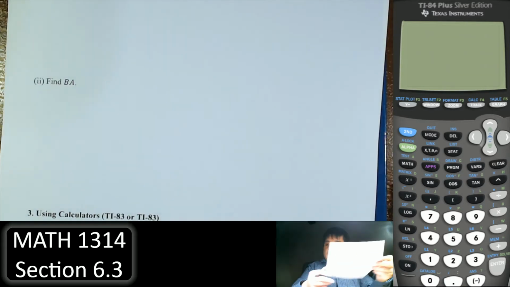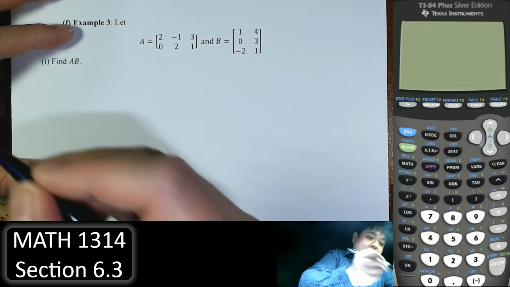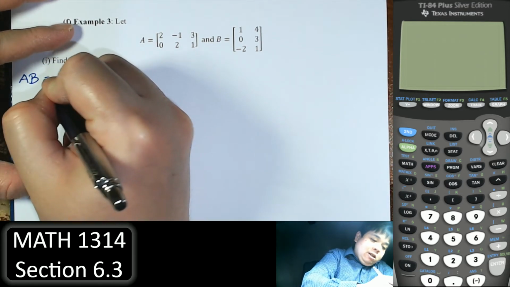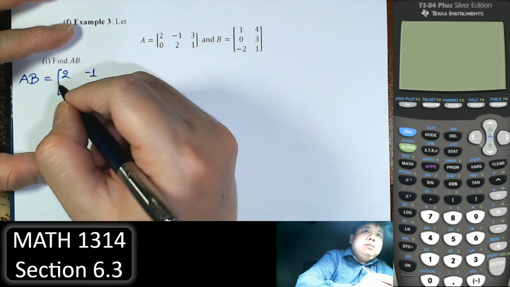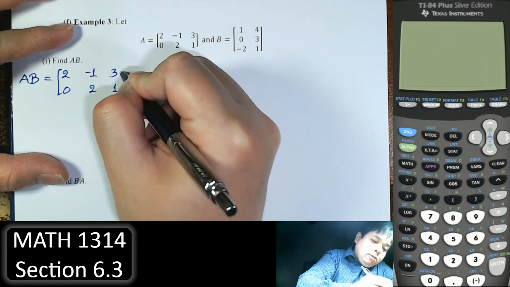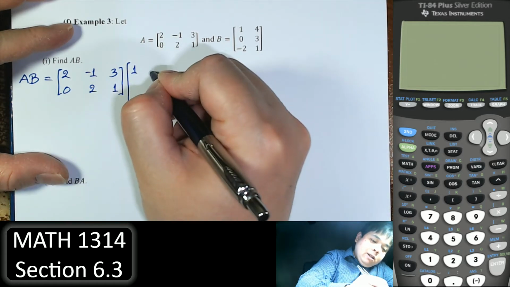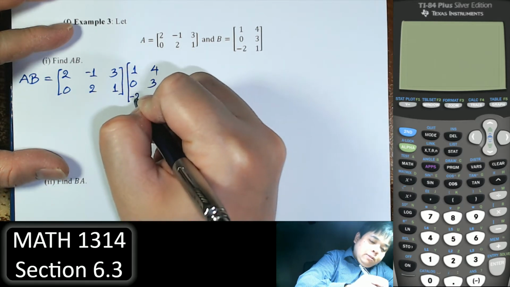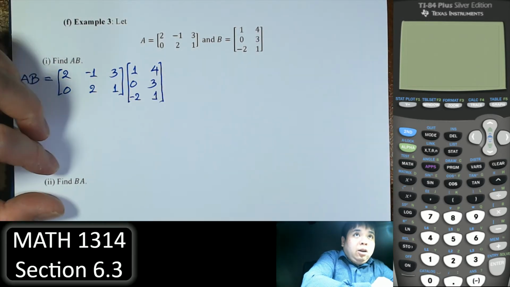Let's look at an example here. First, A times B. So I'm going to write out A times B. The matrix A, times the matrix B. Right, now just multiply.